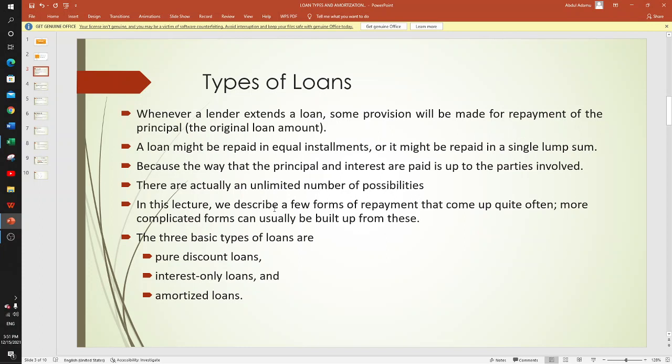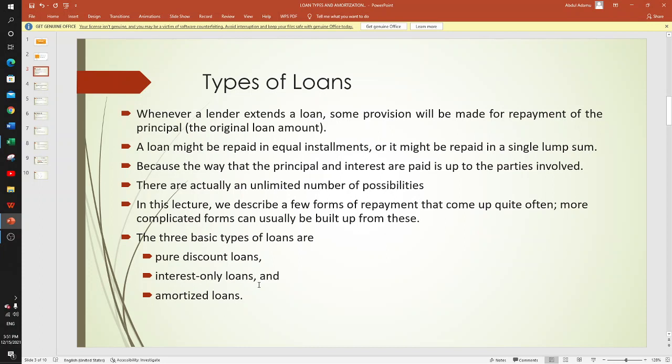How the principal and interest are paid depends on the agreement of the parties involved. There are actually an unlimited number of possibilities, but in this lecture we are going to consider three basic types. Like I stated earlier, we'll look at the pure discount loan, the interest only loan, and the amortized loan.